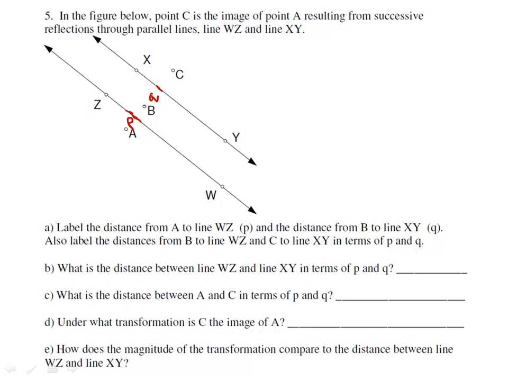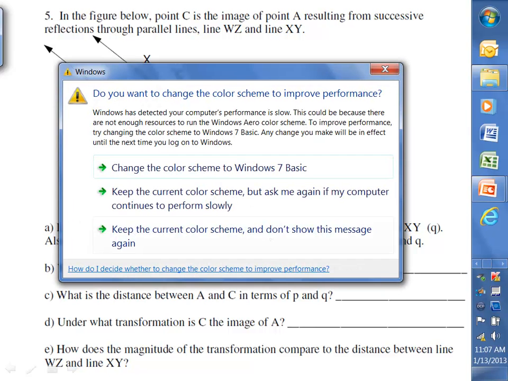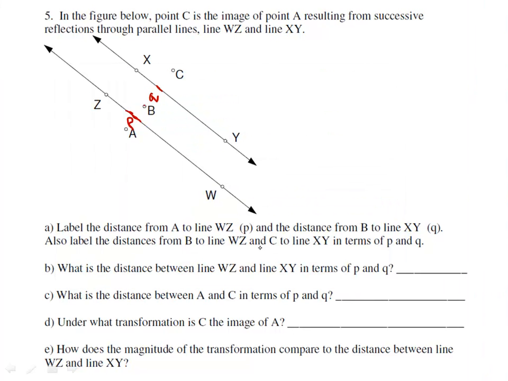Also label the distance from B to line WZ and C in terms of P and Q. What they're telling us is that we should also mark this as being distance P, because remember, when I reflect it, it's going to be just as far to the other side of the line as it was to this side of the line when I started out.